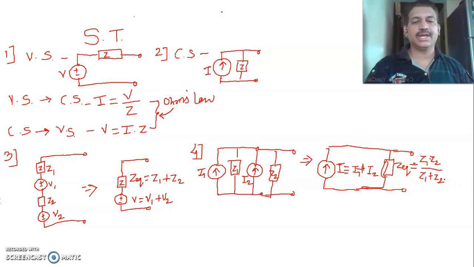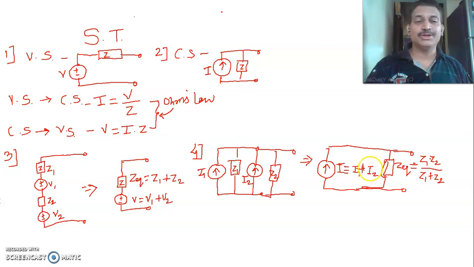So again, when we have a current source I1 with internal impedance Z1 parallel connected with another current source I2 with internal impedance Z2, the currents meet at a point in the same direction, hence I is equal to I1 plus I2. Don't go with the handwriting.